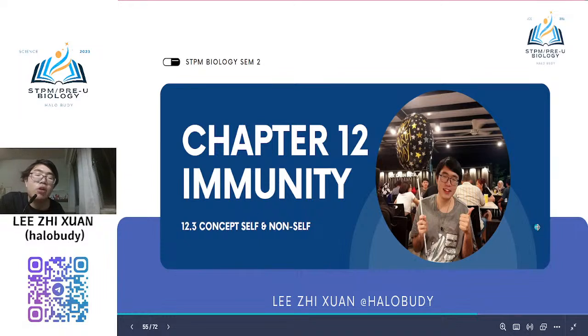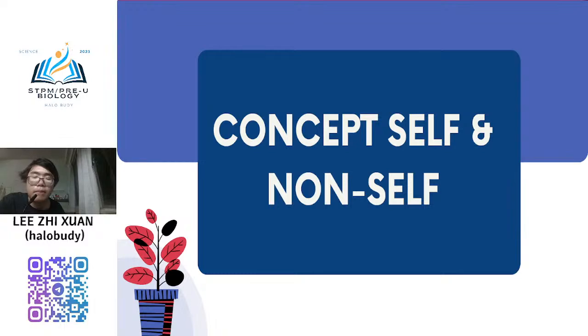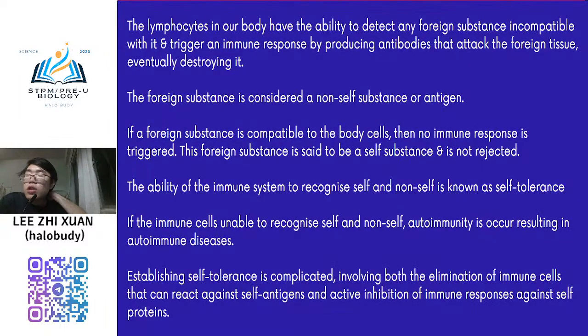Okay, next we go to the concept of self and non-self, the third topic of this chapter. You need to learn about the concept of self and non-self because, if you still remember yesterday's topic on the development of B cells and T cells, you know that B cells and T cells should, in theory, attack foreign antigen only.